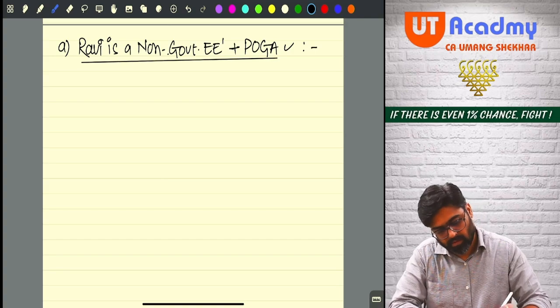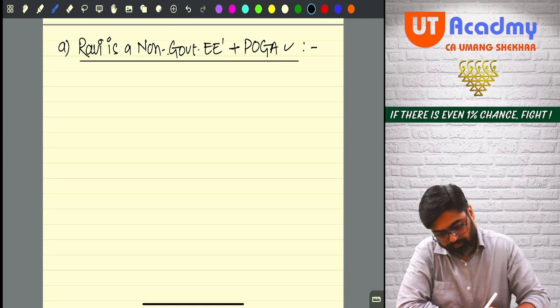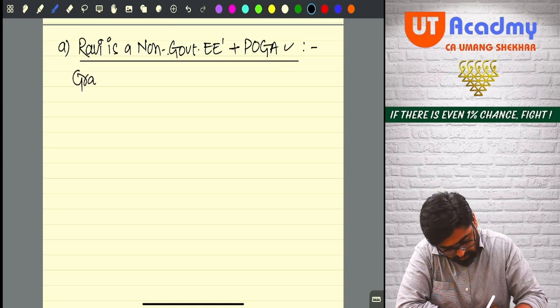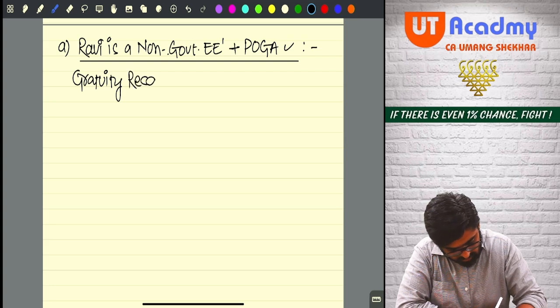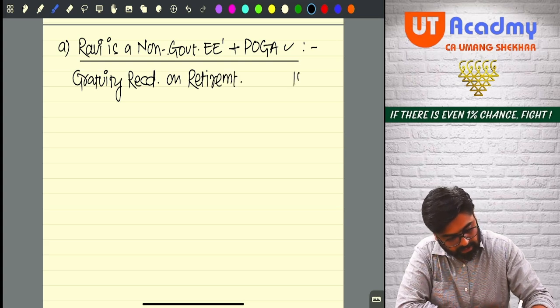Okay. Now gratuity received on retirement is how much? 15 lakhs, no?